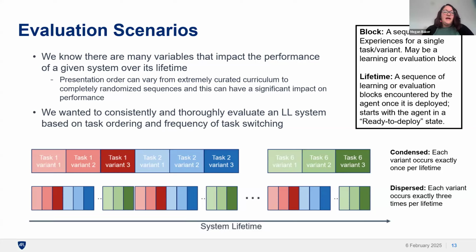So we wanted to have consistent and thorough evaluation. So we use these two primary forms of evaluation scenarios, where all of the experience on a specific task, so think tennis, is happening all at once, versus spreading it out throughout the lifetime.